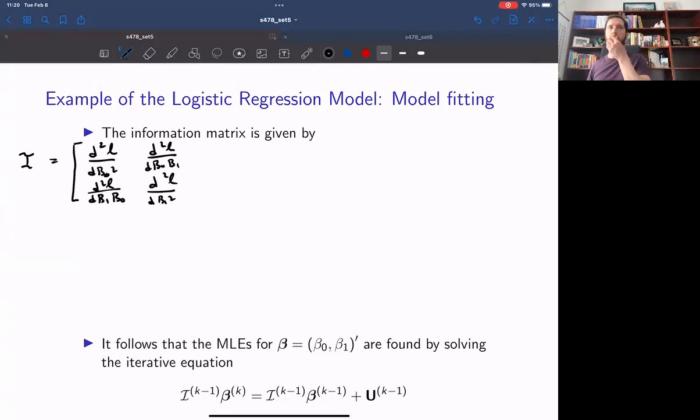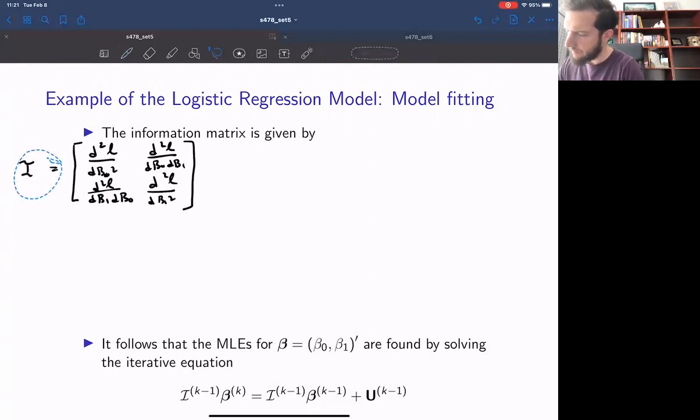Okay, so that's how the information matrix will be computed in the bivariate case. And then you can imagine as we extend to more dimensions, the partial derivatives that you have to consider become more complicated. But in the bivariate case, this is the structure of the matrix.